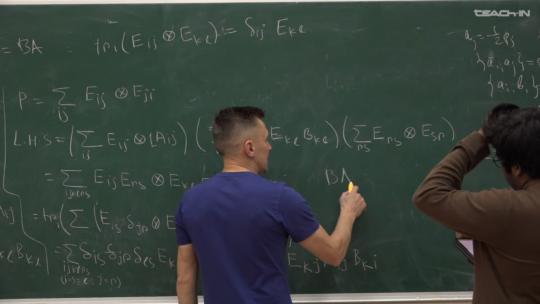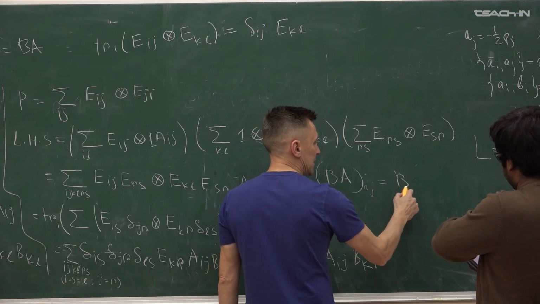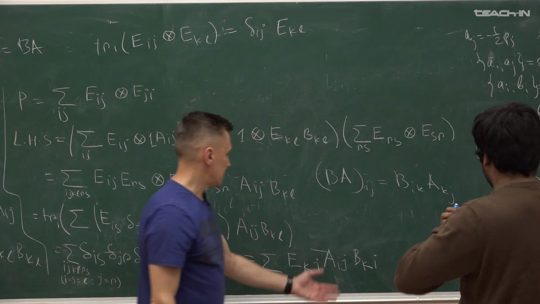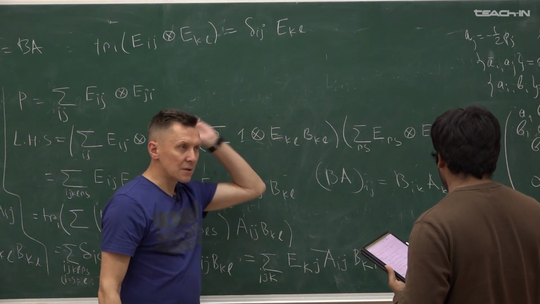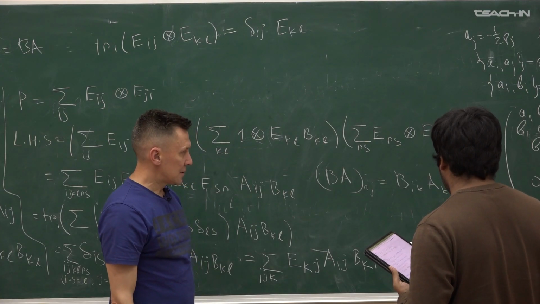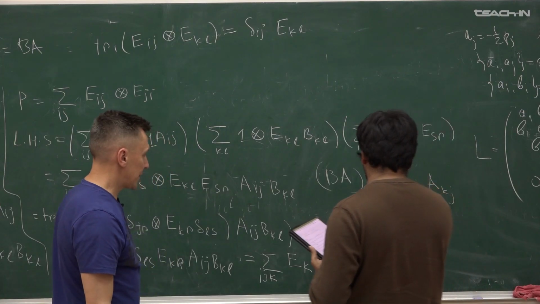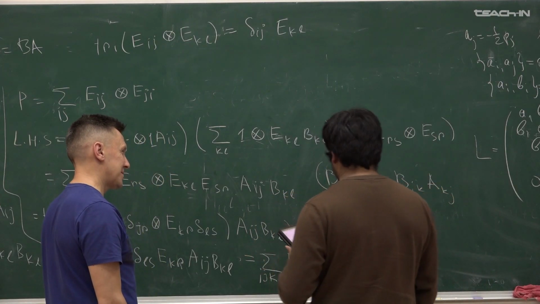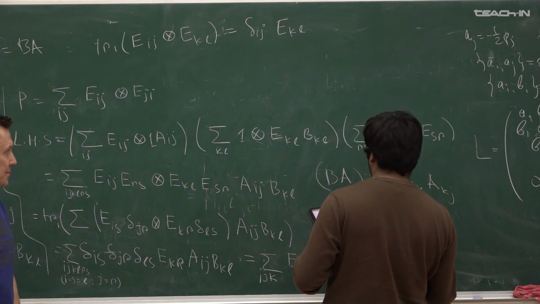BA_IJ is just B_IK A_KJ. Is it the same? Here the indices are a little bit different. If you write it here, I understand it. So this is now BA.